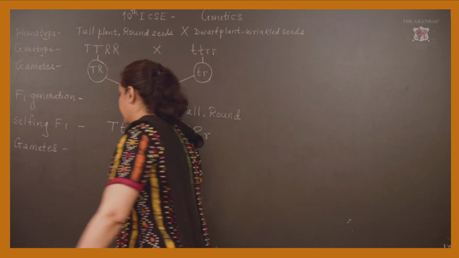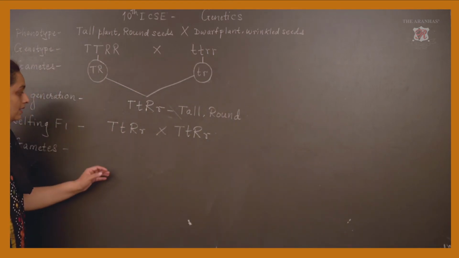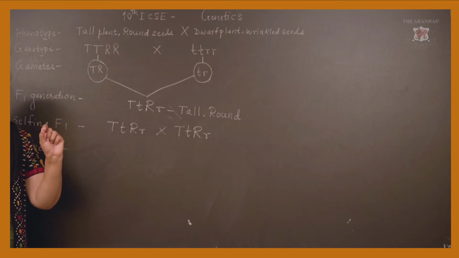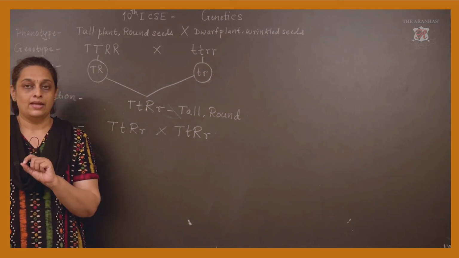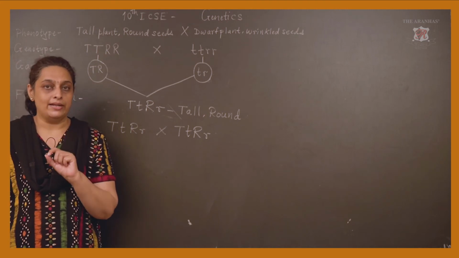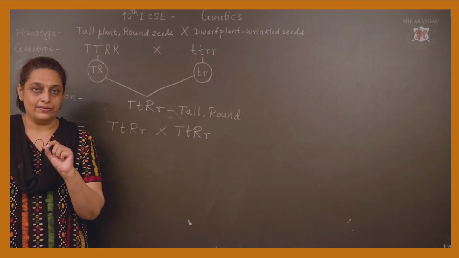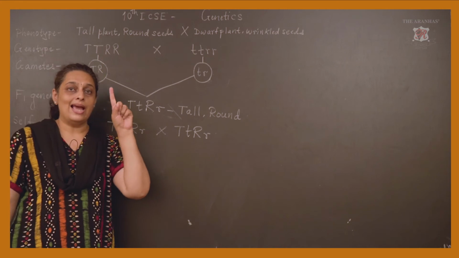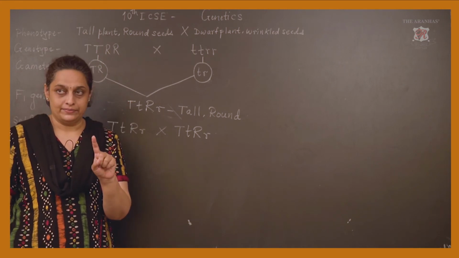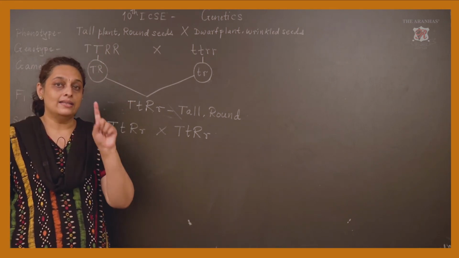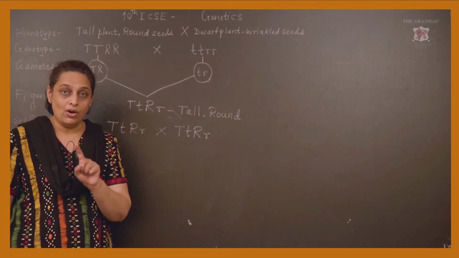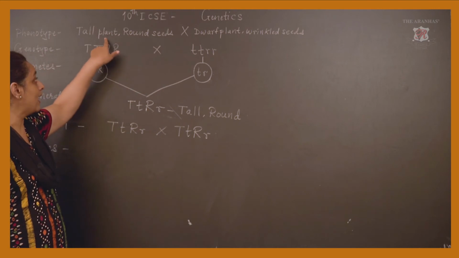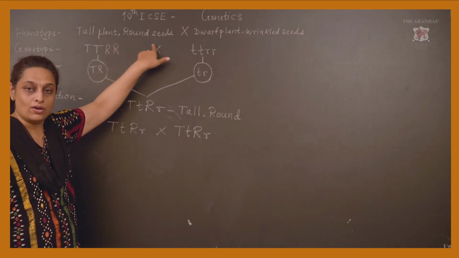Now the first rule of writing gametes is every gamete should have one allele for height and the other allele for seed shape, because these are the two characters we have taken in the cross.